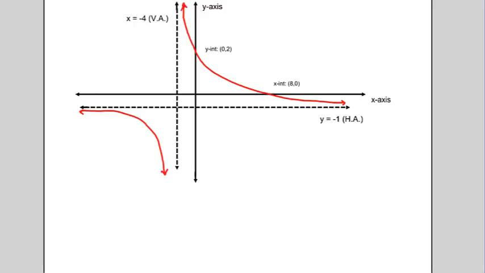This is the graph of the function. Notice at y equals -1 we have the horizontal asymptote, and at x equals -4 we have the vertical asymptote. Recall that on the interval from -infinity to -4, the graph was decreasing and concave down.